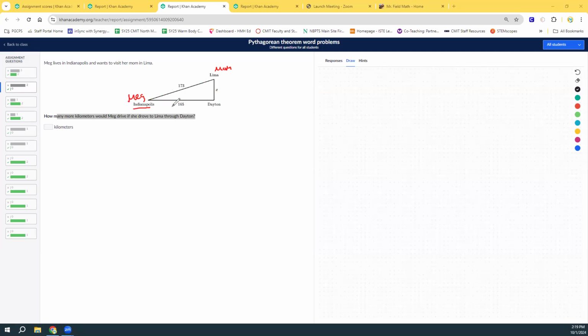It's a valid question. So in order to answer that question, we need to first find this side. I'm going to call it an A value. That's a B. That's a C. So we're missing our A value, so we're going to need to subtract. So I got A squared plus B squared equals C squared.